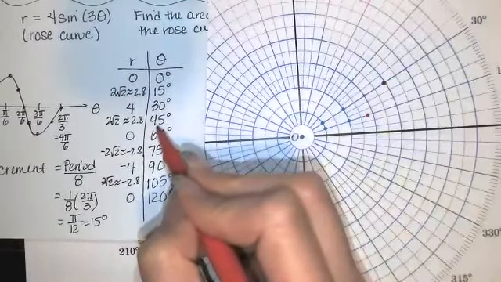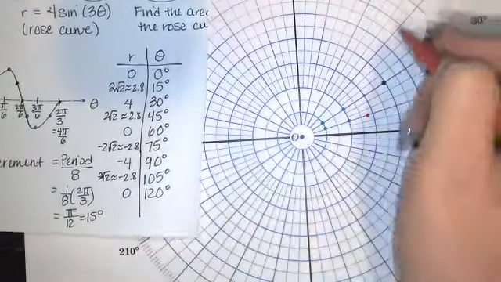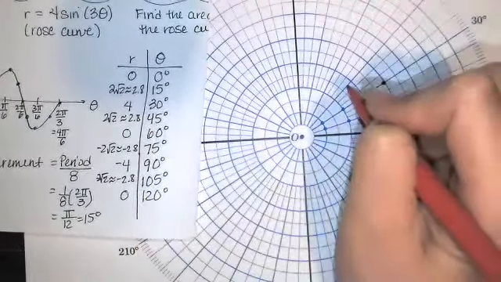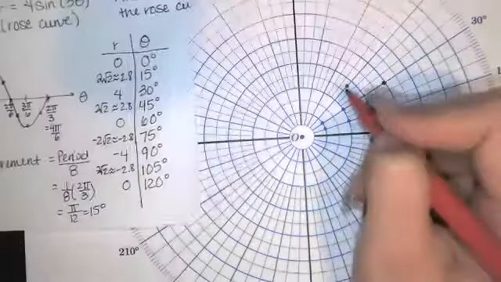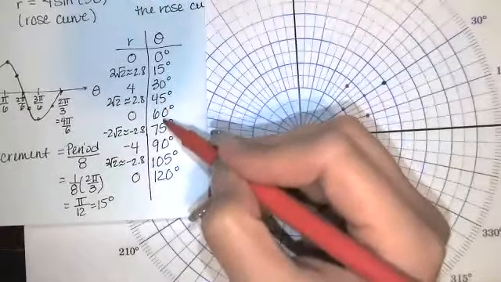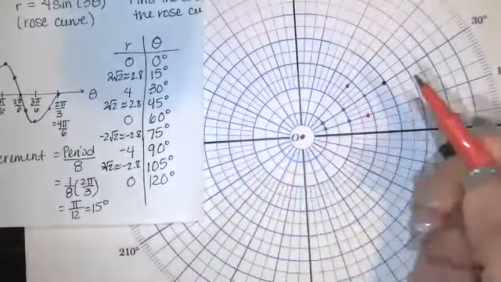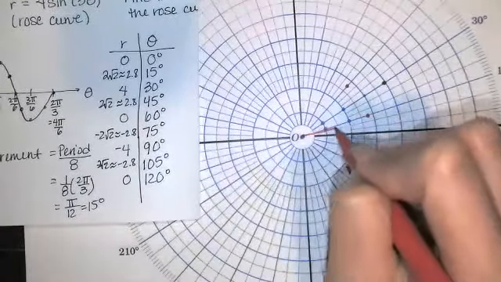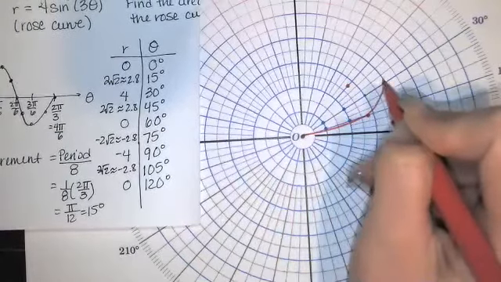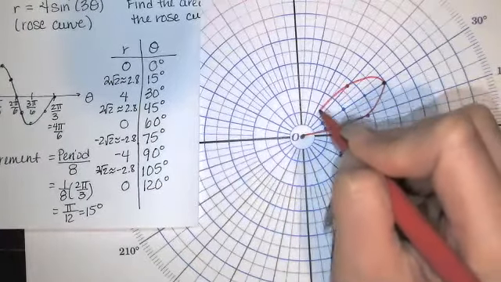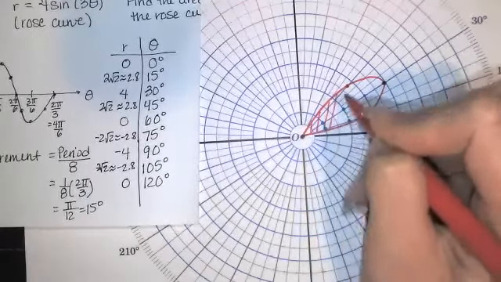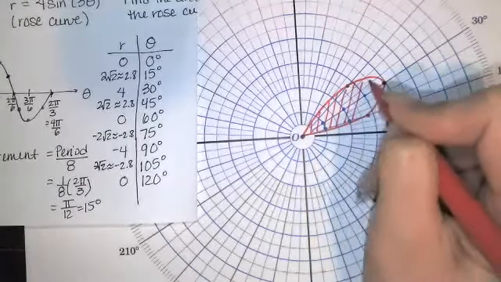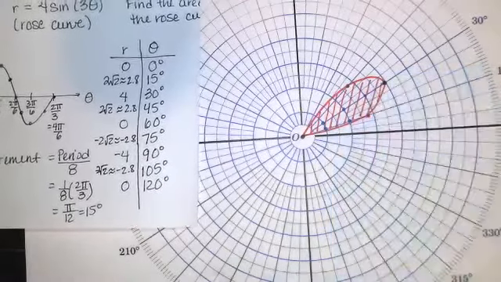And then at 45 degrees, we want to go out 2.8 units. So on the 45-degree line, we go out 2.8 again. And then at 60, we're back at 0. So that's one petal. And there are more of them, but I only want one.